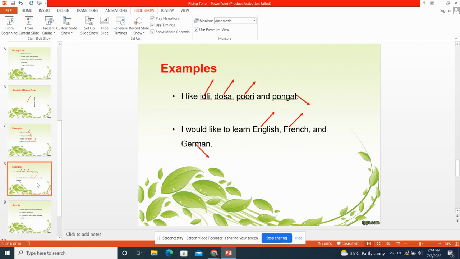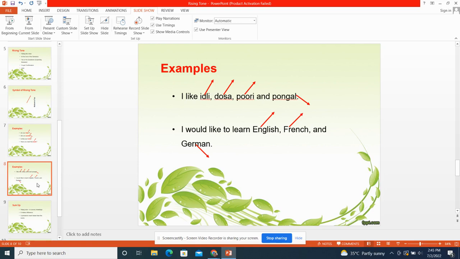Next, we'll see how we can use rising tone in a list, when you're listing out things. I like idli, dosa, puri, and pongal. Listing out things, we must raise our voice: idli, dosa, puri. The last one comes down, falling tone. I like idli, dosa, puri, and pongal.